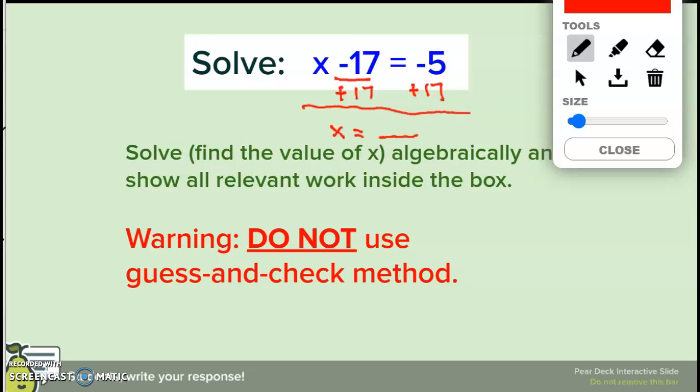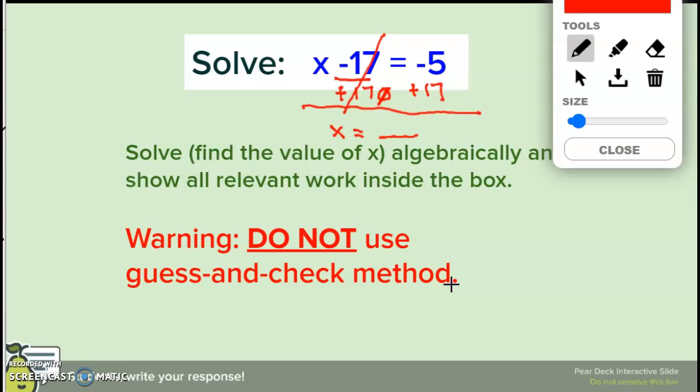Because when I do that, -17 plus +17, they become 0. So it becomes x plus 0, which is the same as x. And on the right hand side of the equal sign, you have -5 plus 17.